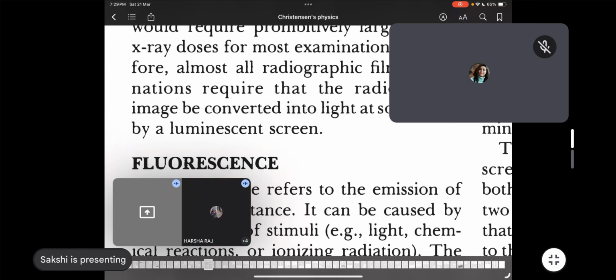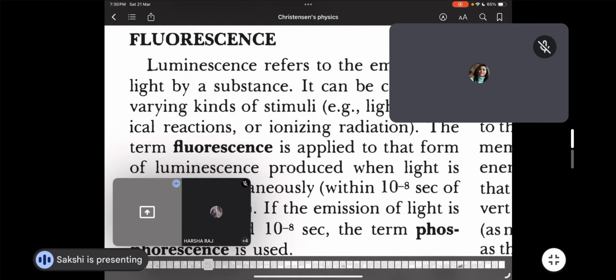If I am giving you radiation, you are giving me light, then you are what? Luminescent screen. Got it, Sony and Abhishek?